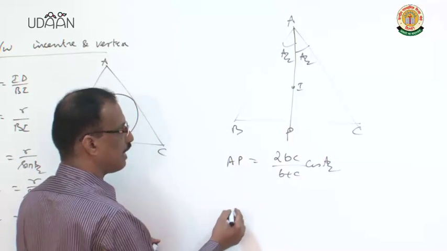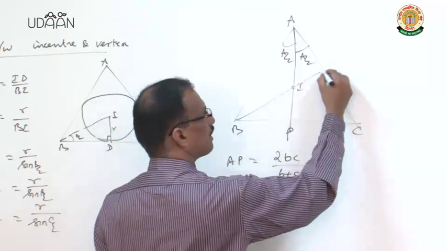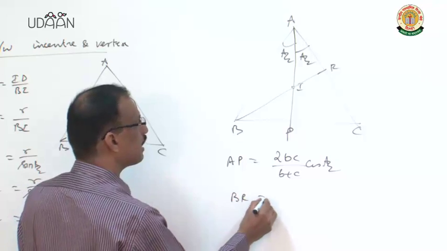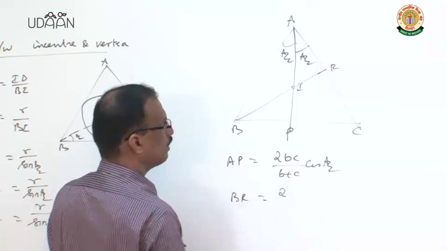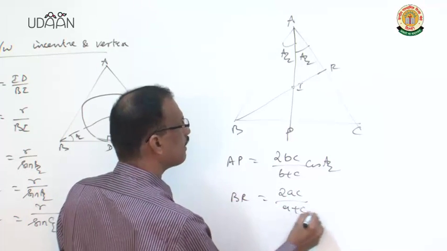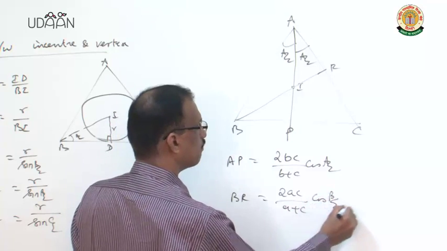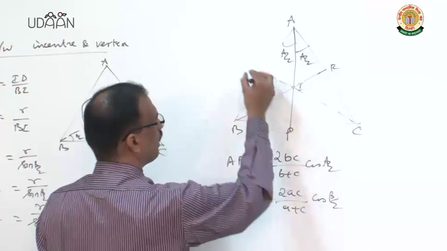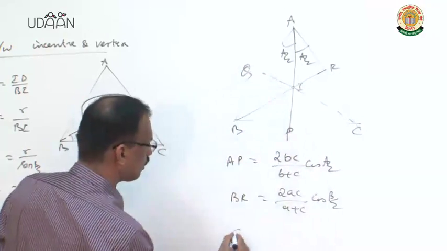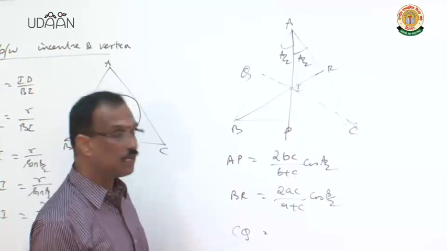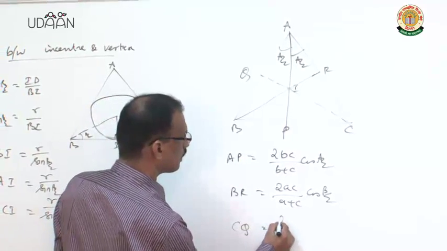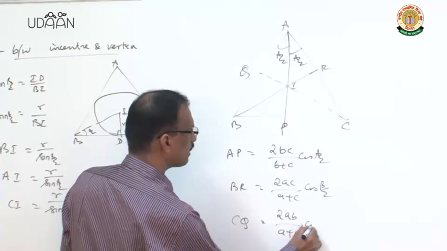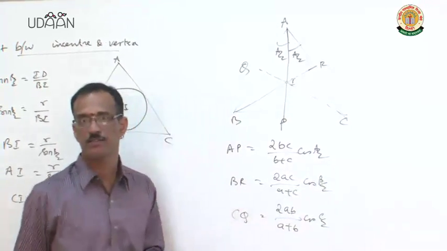In a similar way, for another angle bisector BR, you get BR equal to 2ac by (a plus c) cos B by 2, and for another angle bisector CQ, you get CQ equal to 2ab by (a plus b) cos C by 2.